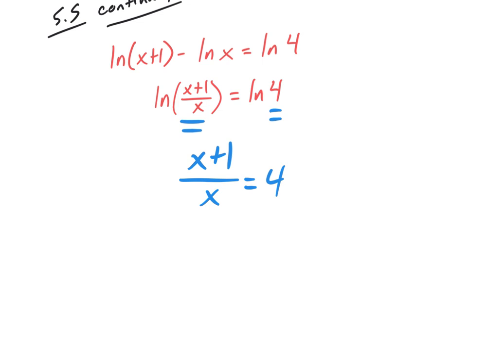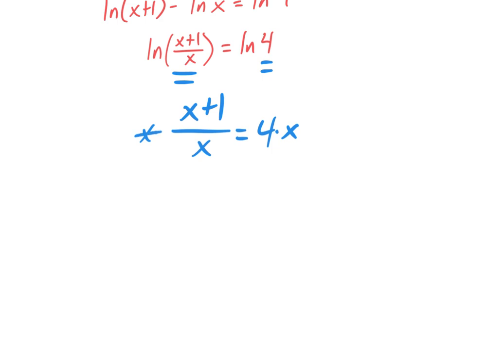So our goal here is to solve for x. To get x by itself here, let's get rid of the fraction. So we're going to multiply by x. So we're left with x plus 1 on the left, and we got 4x on the right.